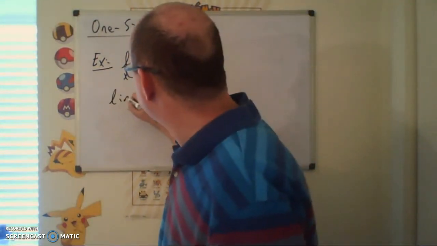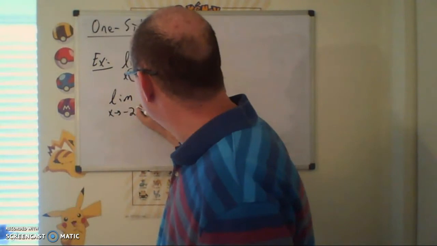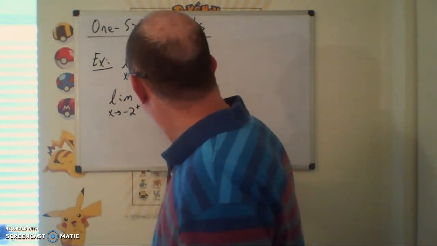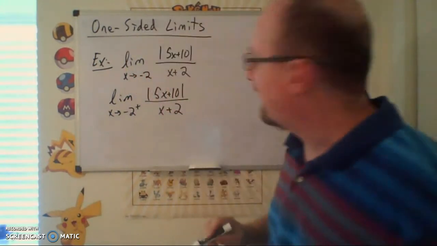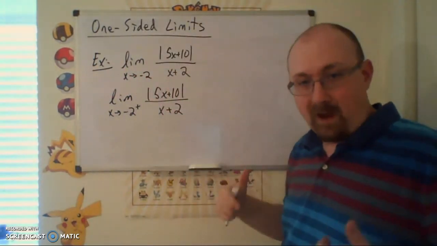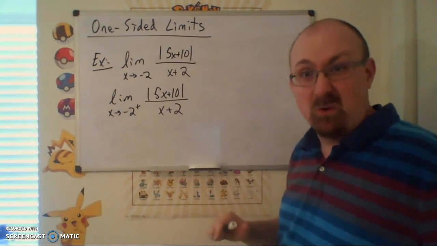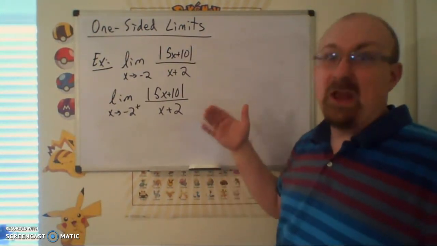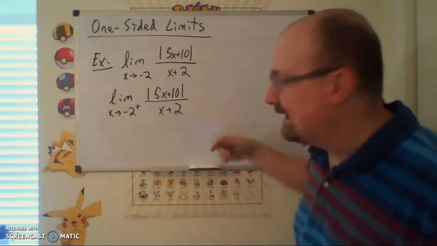All right, so first I'm going to look from the right-hand side. So, all right, we got that guy. From the right, superscripted plus means we're only considering values bigger than -2. So things like -1, -1.5, you get the idea.